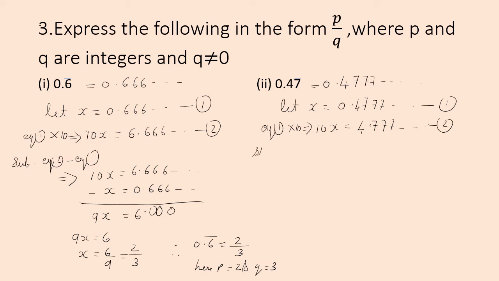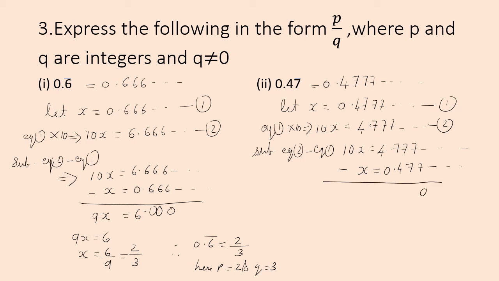Now subtract equation 1 from equation 2. That is, 10x equal to 4.777, etc., minus x, that is equation 1, 0.477, etc. 7 minus 7, 0, 0. 7 minus 4, 3. 4 minus 0, 4.